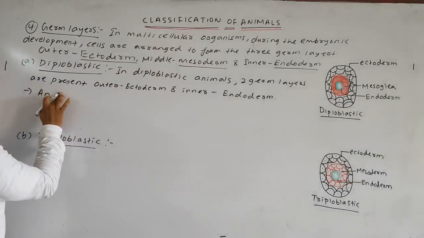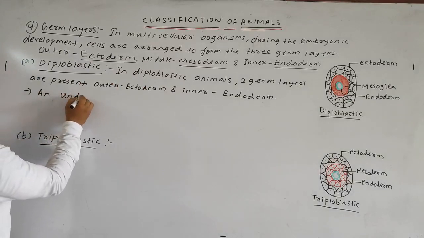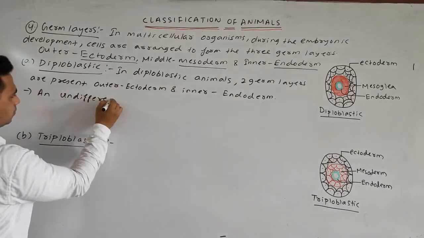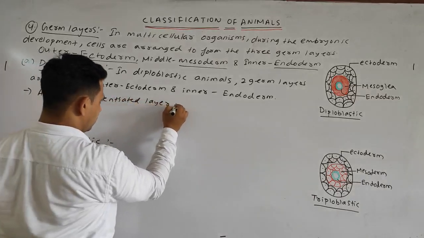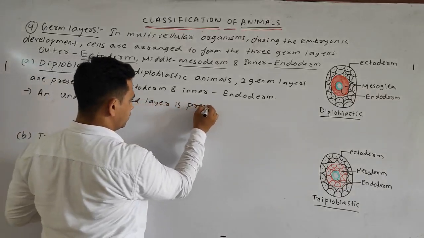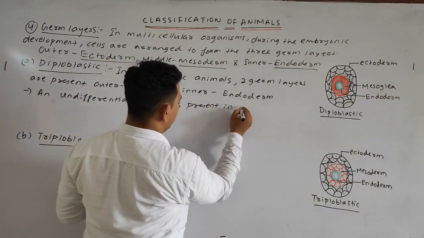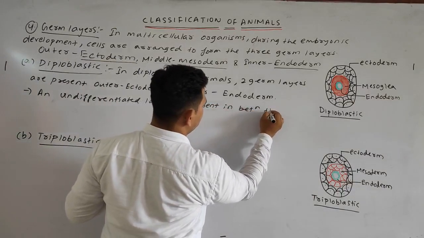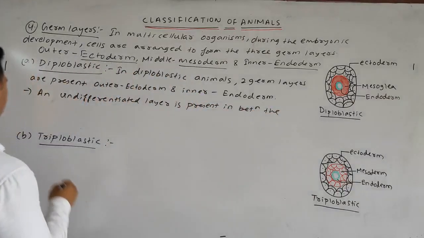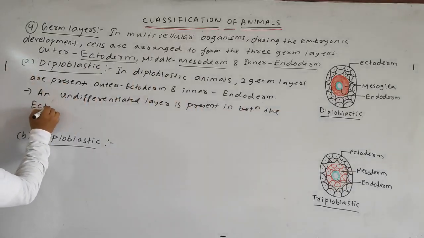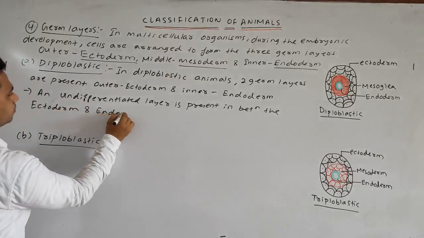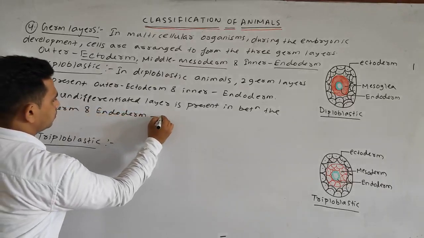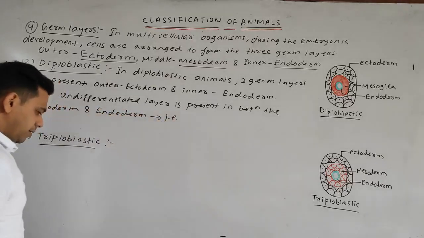An undifferentiated layer is present in between the ectoderm and endoderm, that is your mesoglea.